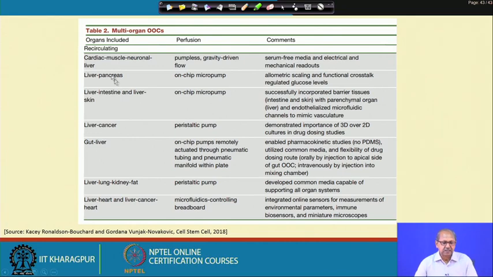So, these are some of the examples where perfusion flow is induced for recirculation purposes: liver, lung, kidney, heart, liver cancer and so on.